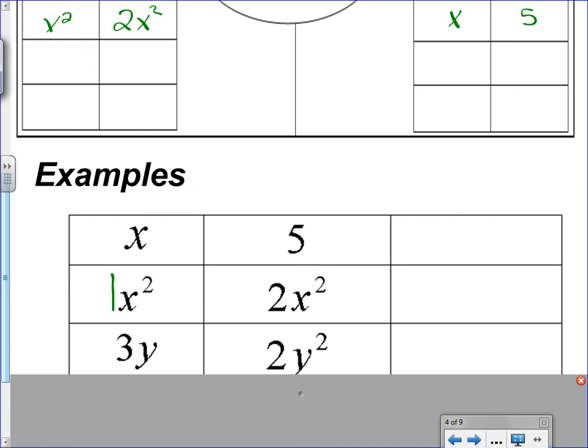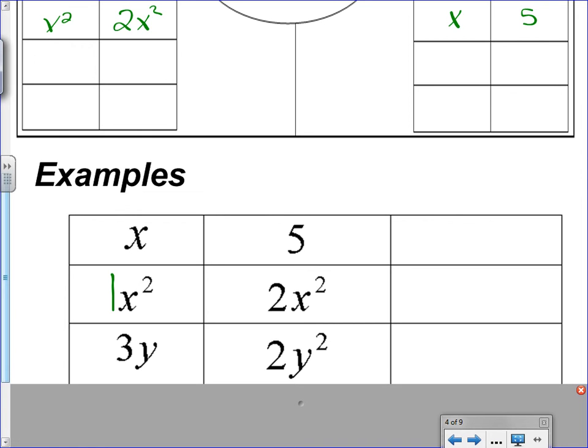Danielle, you're up. 3y and 2y squared. Are they like terms or not like terms? Are they exactly the same? No. Right, so they're not like terms. And another way that I like to think of this is like spelling last names. They don't have the same last name.